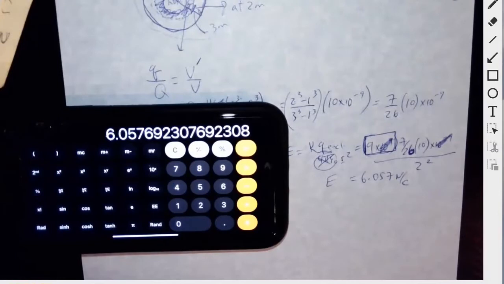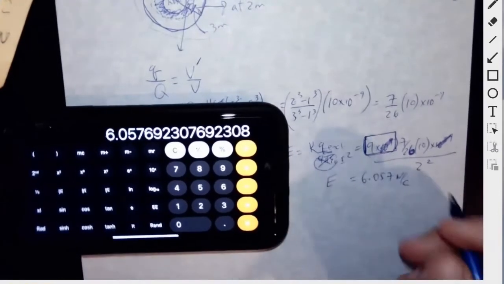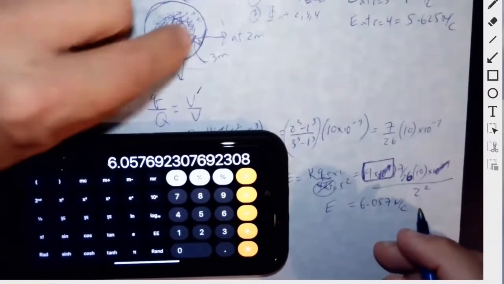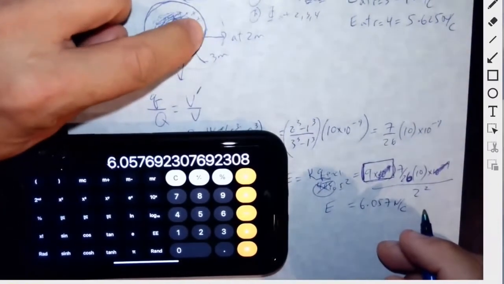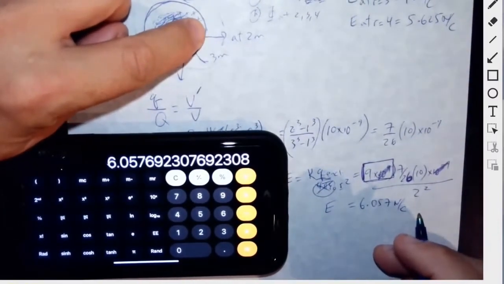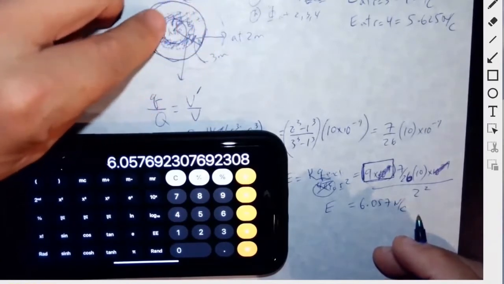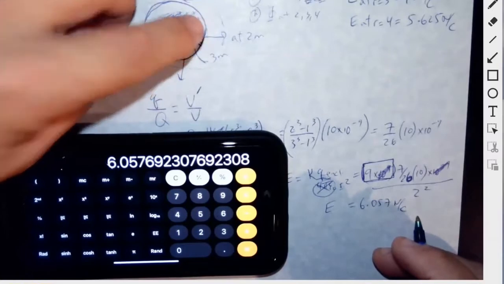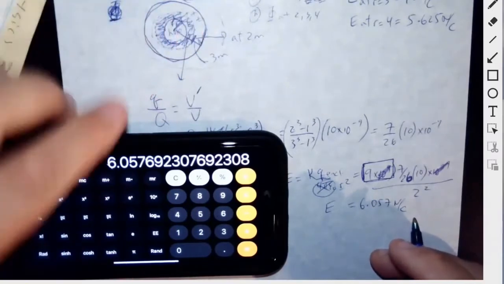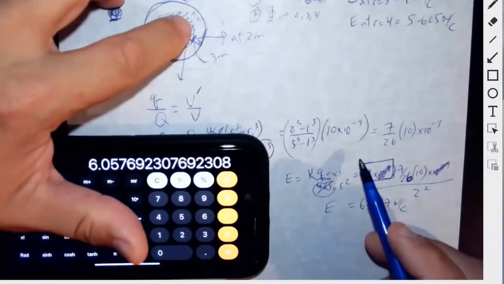Interesting. That's weaker than the electrical field for without the hole, huh? By the time we reach the surface, they should be the same. The electrical field should be the same as the regular one without the hole. So this one is weaker.